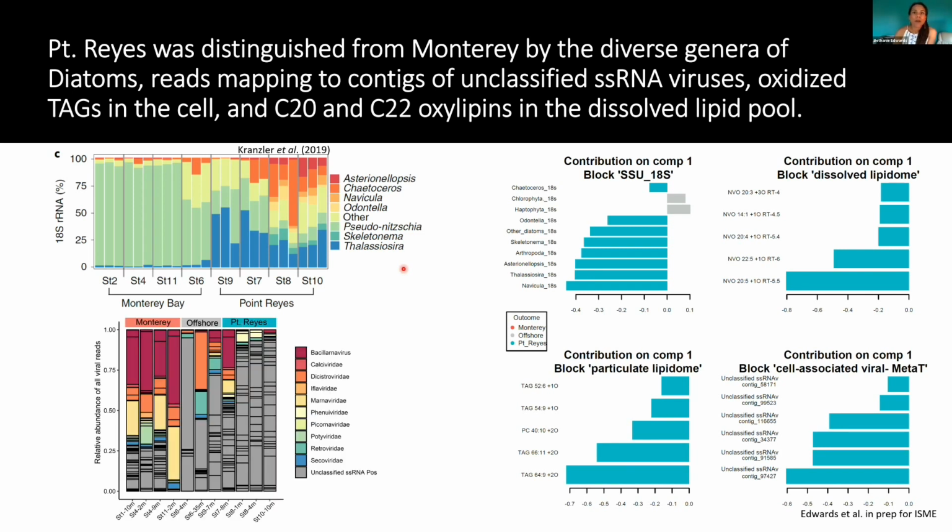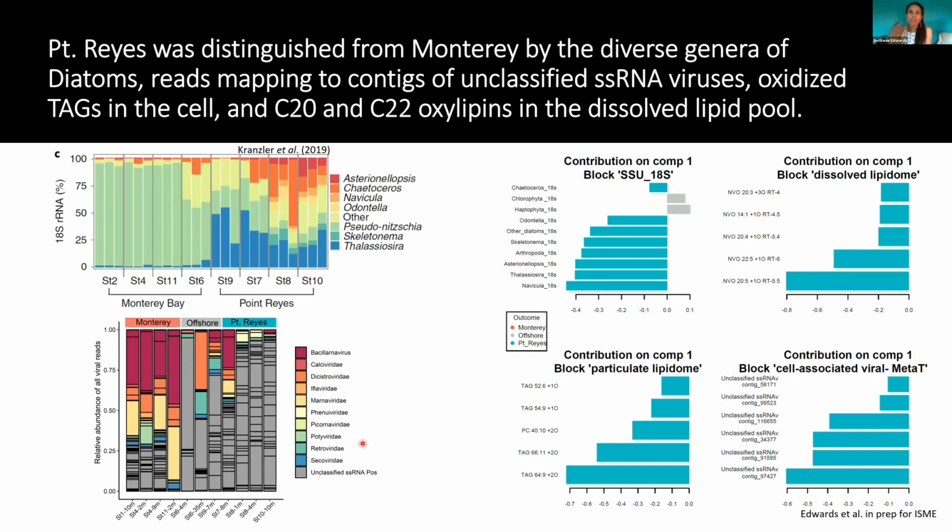We can also see that reads mapping to these unclassified single-stranded RNA viruses were most associated with Point Reyes as well. And these are things that you could kind of glean just from looking at the figures, right?